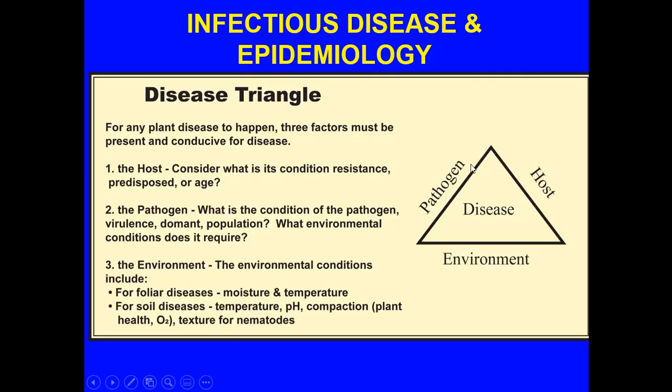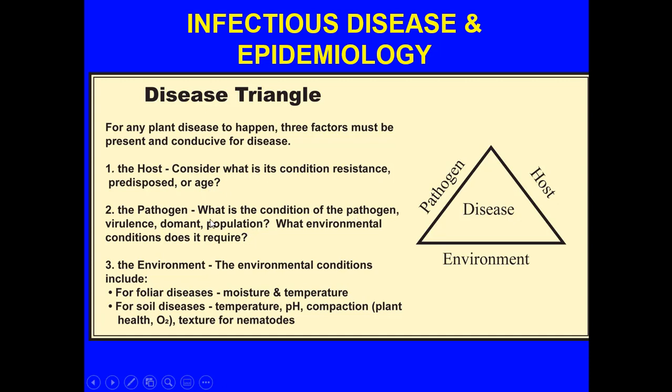Now that's the disease triangle here. So you have one side being pathogen, one side the host, one side the environment. And you have to consider all of these points. What's the condition of resistance? Is it a predisposed situation, or is it, for example, because the person becomes older?